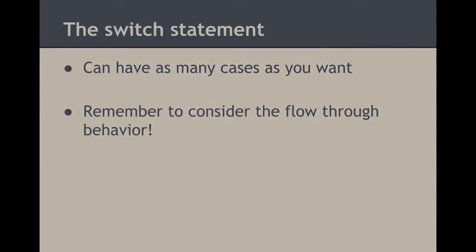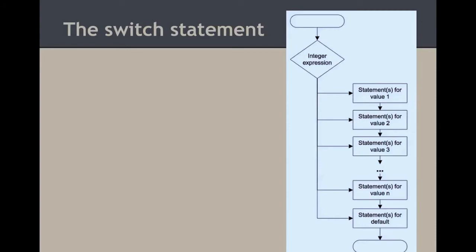If we go back to the flowchart, if I don't have a break at the end of this set of statements, it's going to flow right into the set of statements for my second value. And if there's no break at the end of these sets, then we'll flow right into the statements for value 3, and so on. So that's why we need the break, so that we don't flow through all the rest of the cases after we've done this one, or this one, or this one.